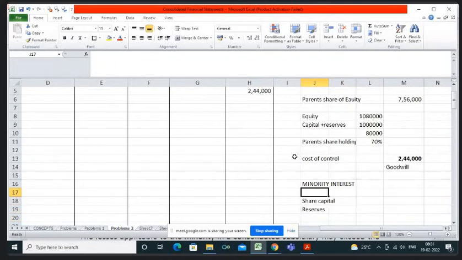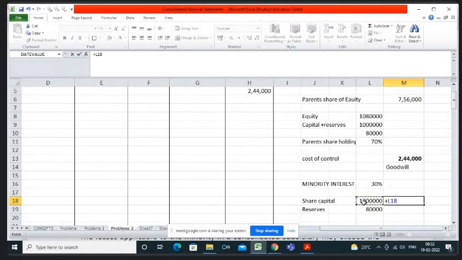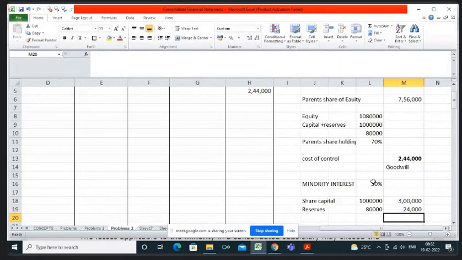So what is the percentage? Minority interest percentage is 30%. What is the amount of share capital? 10 lakh. What is the amount of reserves? 80,000. So 10 lakhs into 30% is 3 lakh. 80,000 into 30% is 24,000.